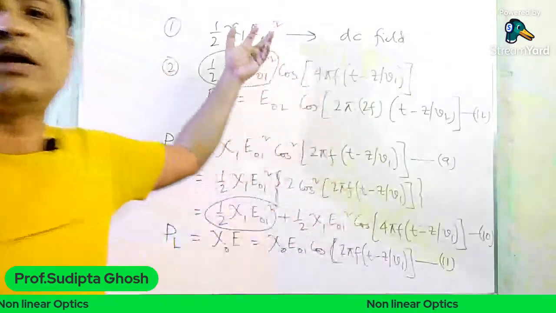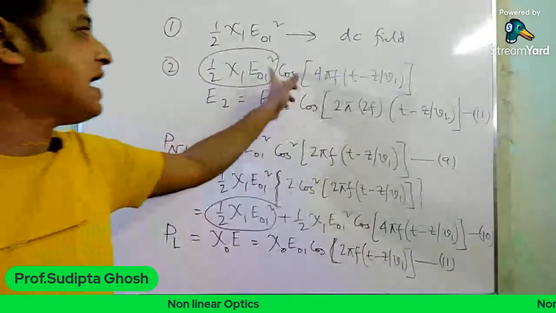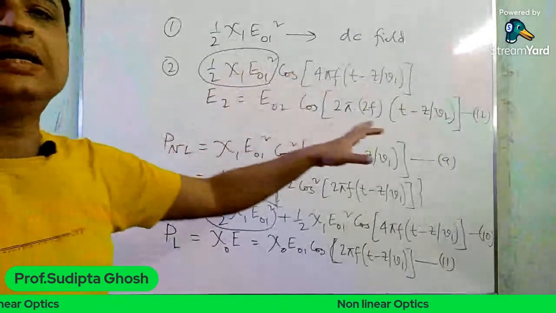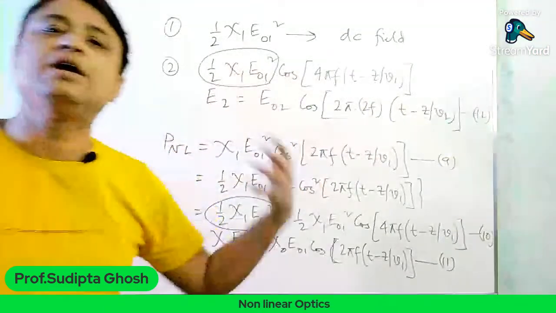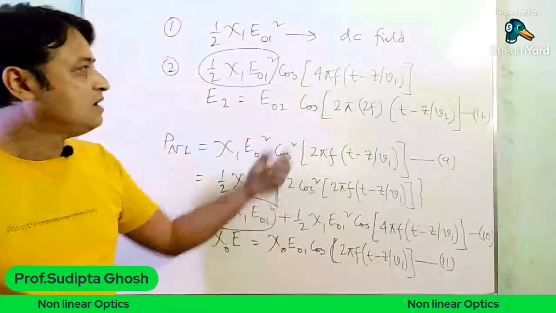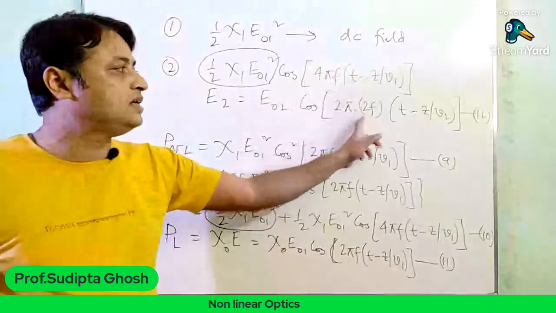But in the second term, as a cos function is present, we can regard this as a secondary wave, and 4 pi f can be regarded as 2 pi into 2f.